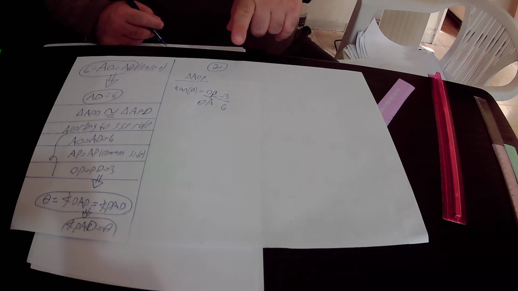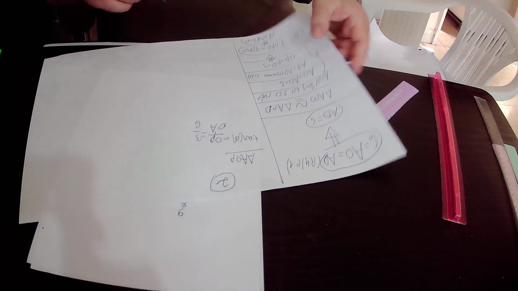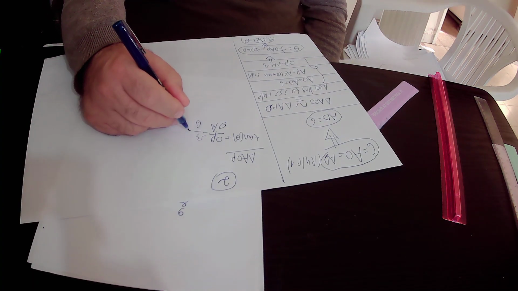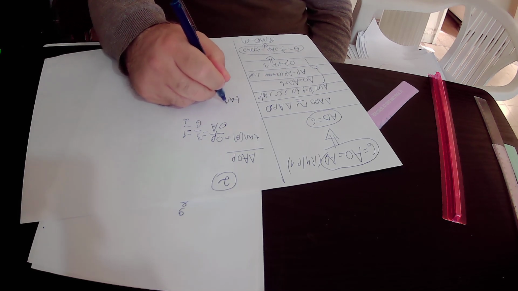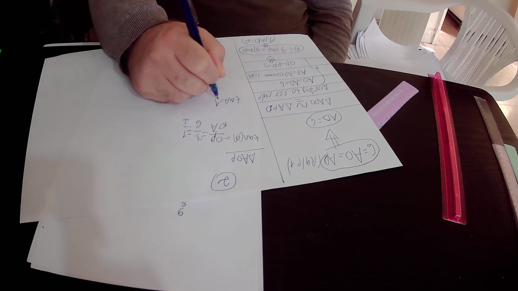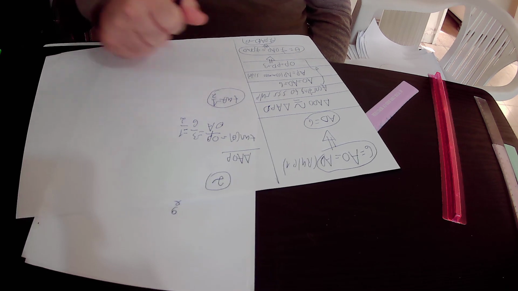We divide both the numerator and the denominator by 3, and we get that 3 over 3 is 1 and 6 over 3 is 2. So in conclusion, we found out that tan theta equals 1 half.